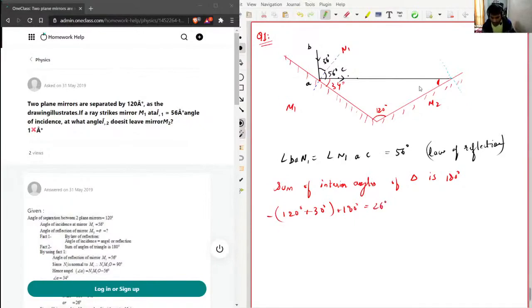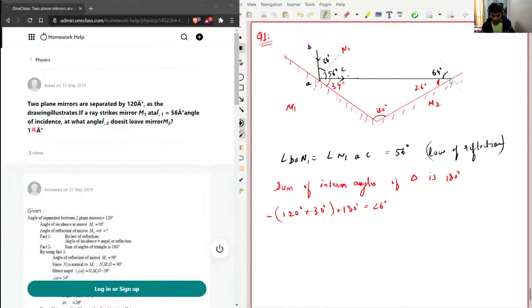So this angle is going to be 26 degrees, and again this whole complete angle is 90 degrees, so I can find this one. So this one will be 90 minus 26, this is going to be 64 degrees.